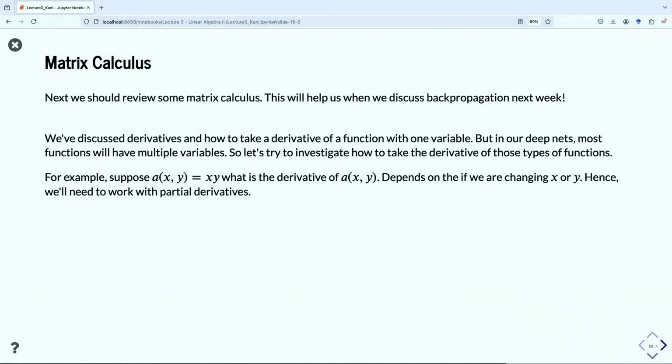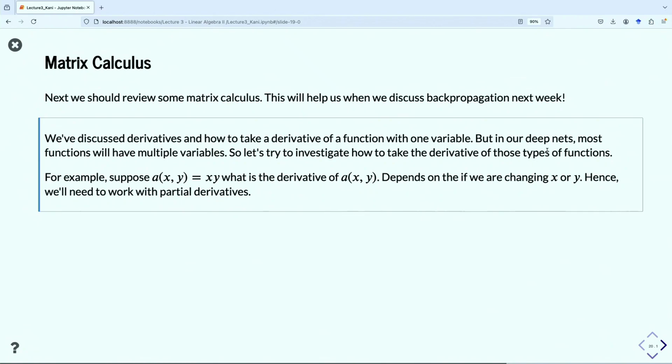It depends. The idea of a derivative is how much will the value of the output change if we change one of the inputs, right? So if we have a function that has two inputs, then the derivative depends on if we're changing x or y, okay?